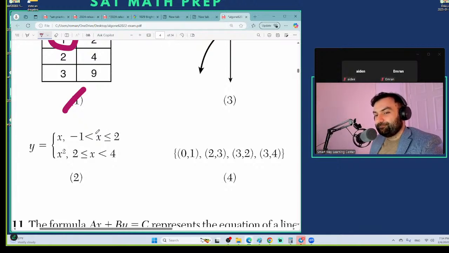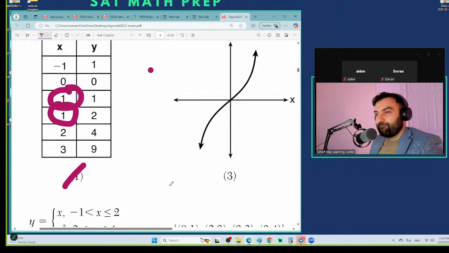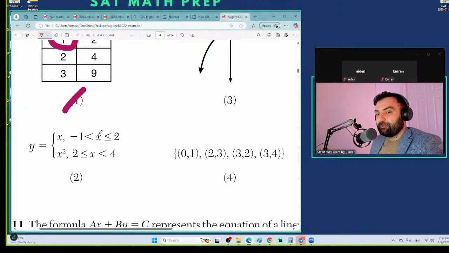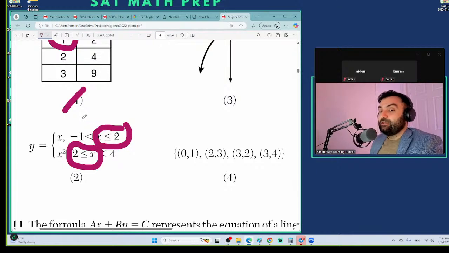Actually, yeah, it's not going to be a function because in this case x is less than or equal to 2, and in this case it's x greater than or equal to 2. Both of these terms are or equal to 2, so it can be 2. So 2 and 2, that means x's repeat, but x's cannot repeat, so this is wrong.